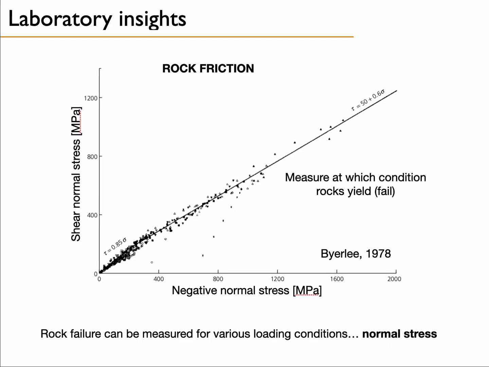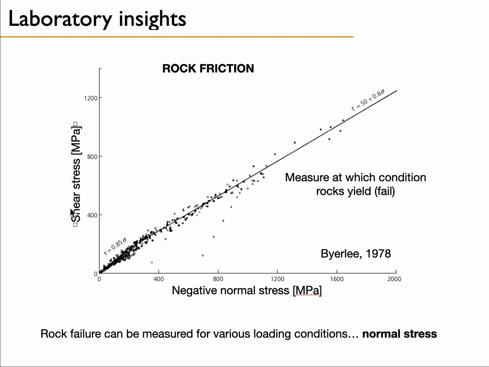By running different deformation experiments on different types of rocks, one may measure what is the maximum shear stress recorded by the rocks. And that's an example here of the Byerlee diagram.